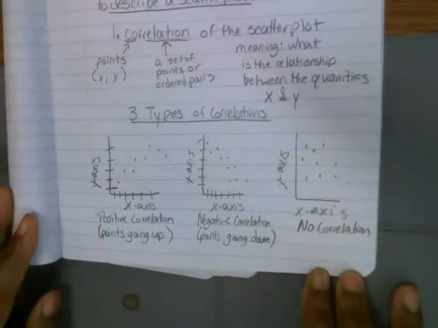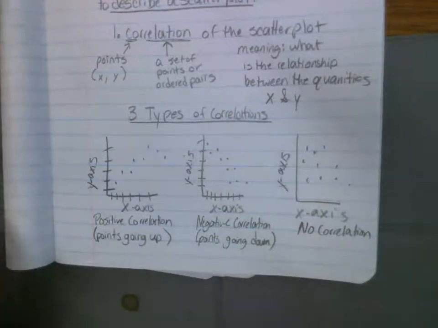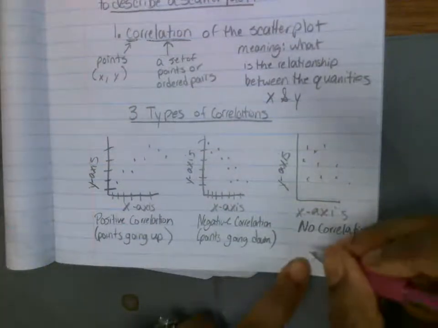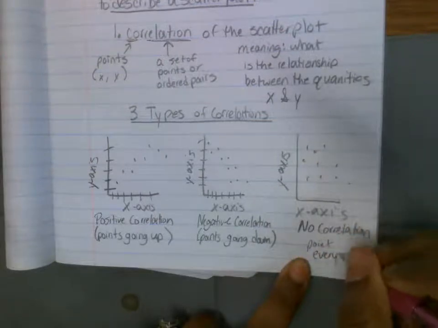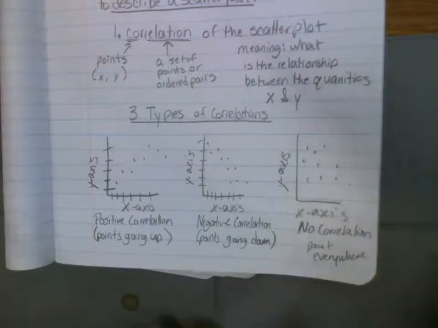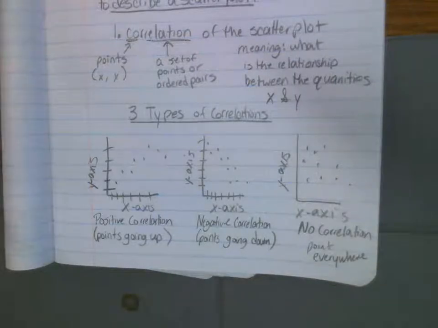This is where your points are just everywhere. It's not going up. It's not going down on the average. You can't tell if most of them are going up or most of them are going down. You just can't tell. So it's a no correlation.